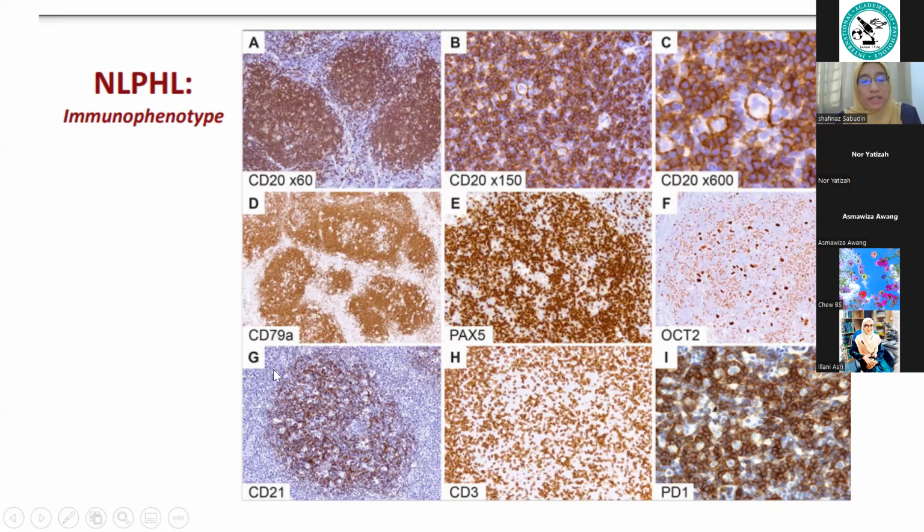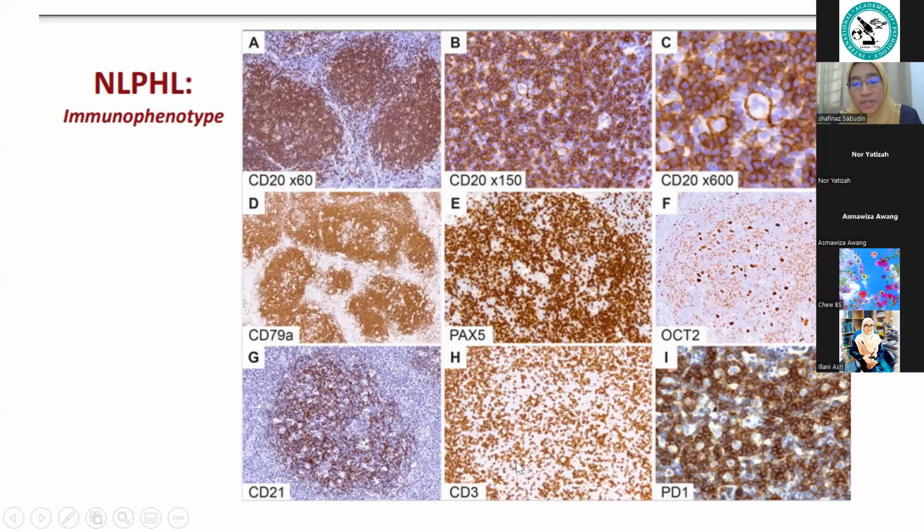CD21 is what we use to assess for follicular dendritic cell meshwork. And T cell markers, CD3 and PD1, are used to assess the T cells in the background and also to highlight the rosetting pattern.